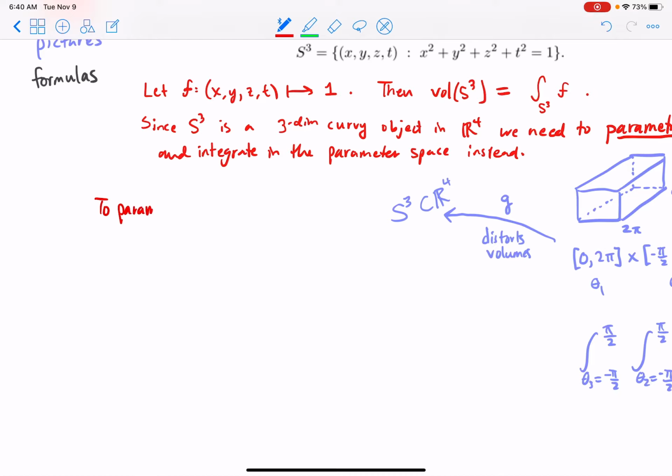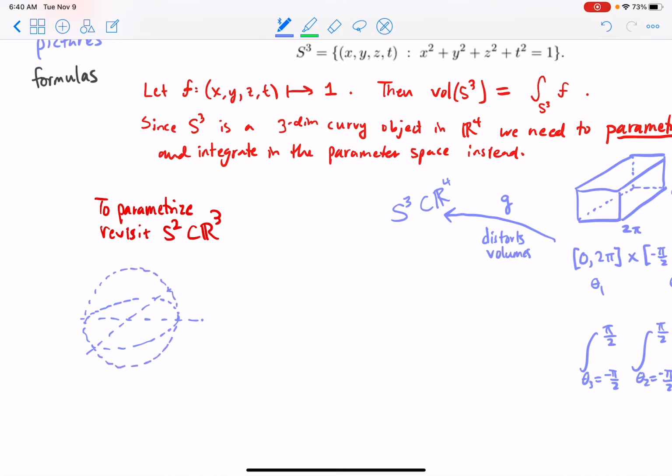To parameterize, revisit the two-dimensional sphere inside of R3. And so I'll do that with a picture. So here's a rough picture. Now let's take this point right there.